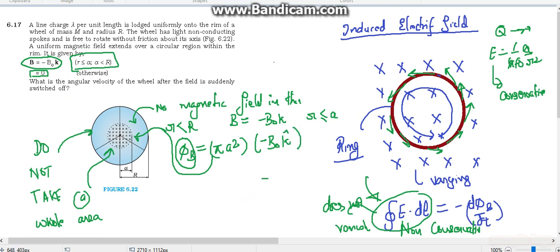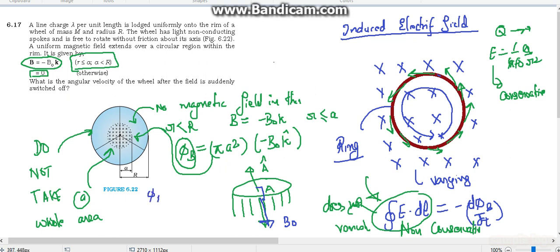In fact, if you look at the concept of area, the area unit vector is pointing upwards, and in this case the magnetic field is given backwards, B0. So the product will be negative.